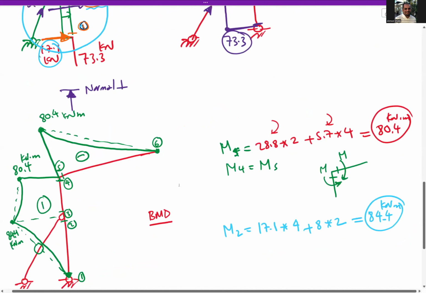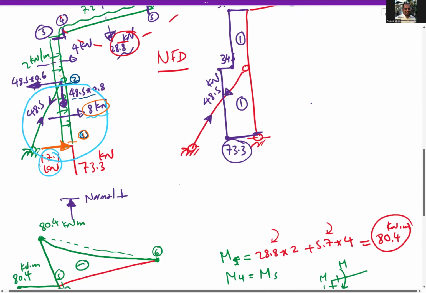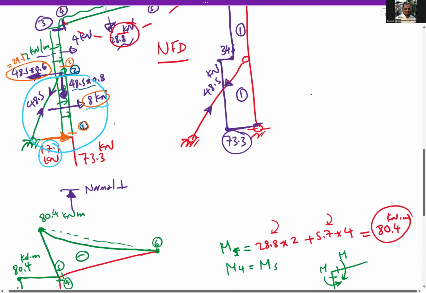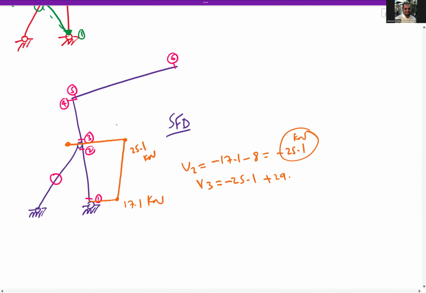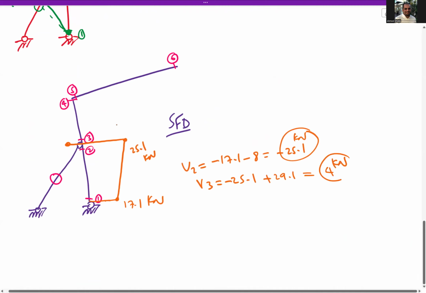Then at section 3 here, we have this force 48.5 times 0.6, which is equal to 29.1. So from 25.1, we go to the left with 29.1. So V3 will be negative 25.1 plus 29.1 gives us 4 kilonewton positive. So on the other side, 4 kilonewton.